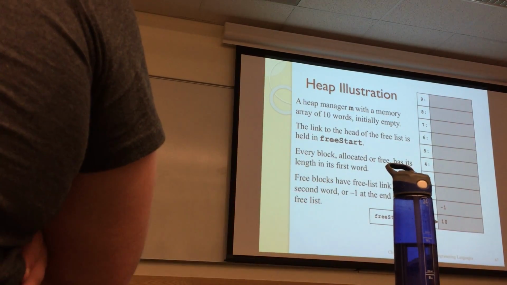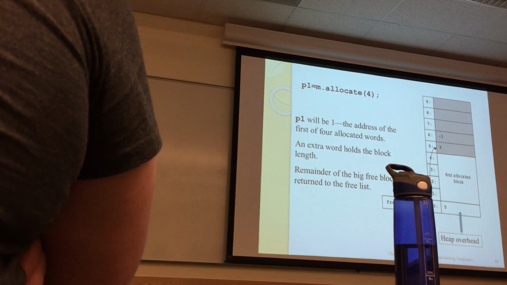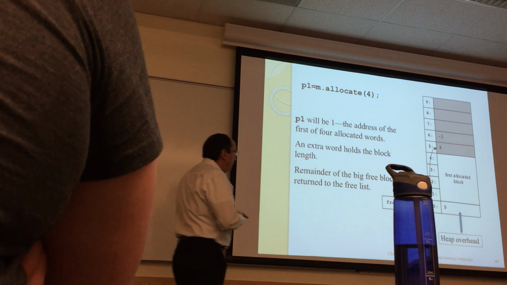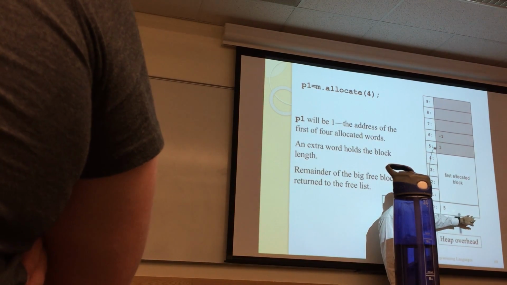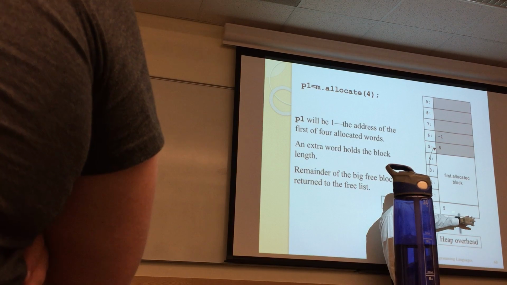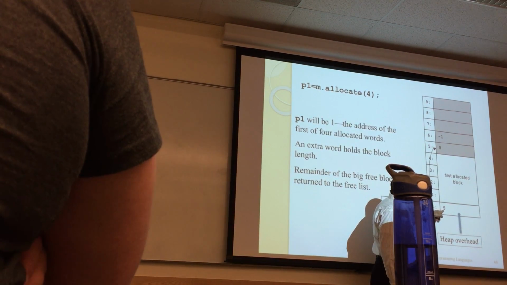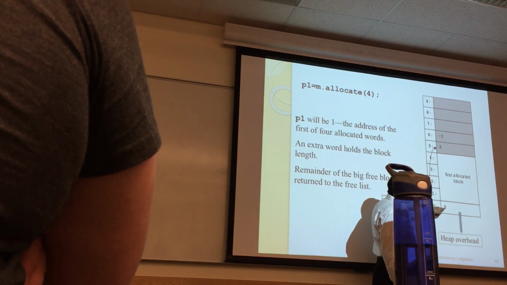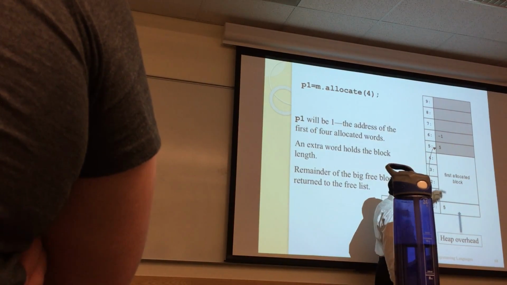So now let's suppose we make an allocation. So here we're going to say, I need 4 words. Well, then I'll get my 4 words, but there'll always be this little bit of overhead. Because this is going to tell me the size.